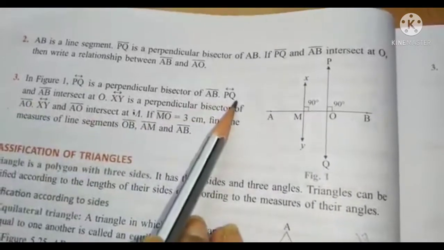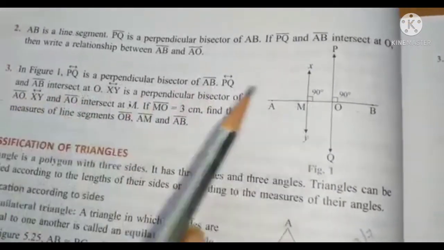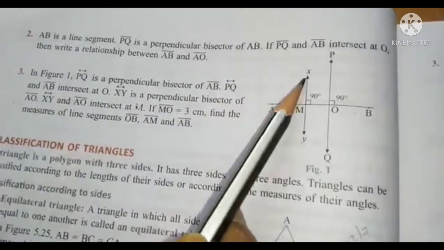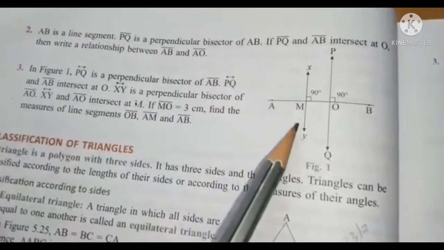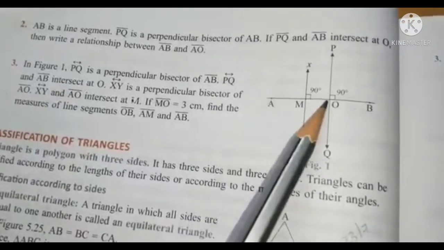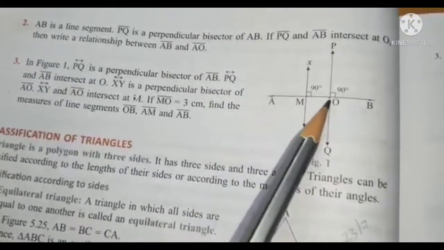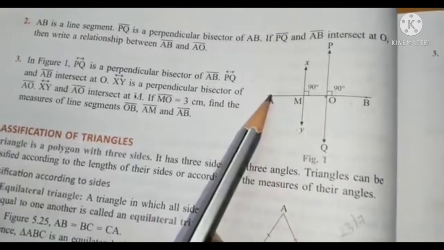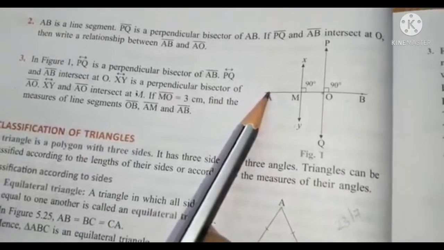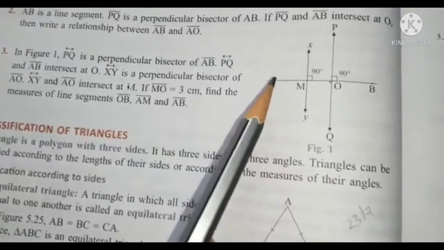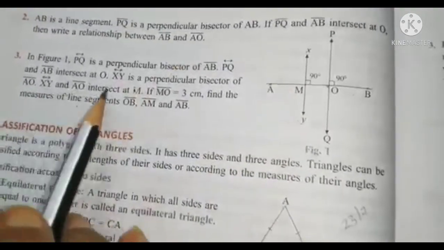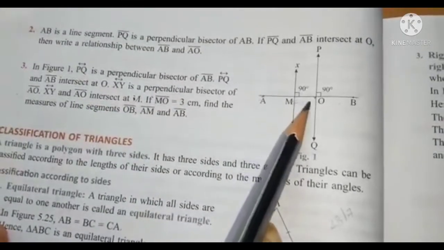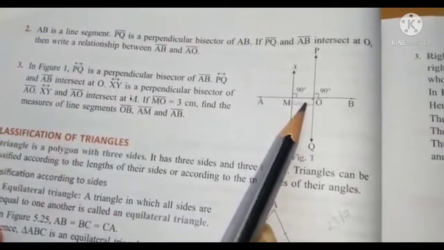Also PQ and AB intersect at O. XY is a perpendicular bisector of AO, so XY is a line. It is the perpendicular bisector of AO, so this line segment OA is divided into two equal parts. The distance between O and M is given as 3 centimeters.